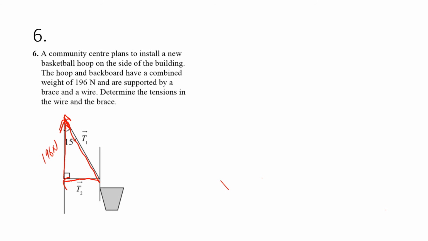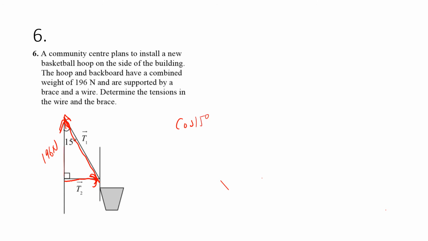Okay, so sorry, T2 should look more like that. Okay, so we can just use cosine to solve for T1, right? So cosine, because we know this adjacent relative to the 15-degree angle.